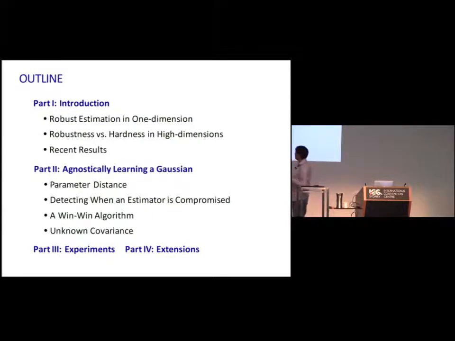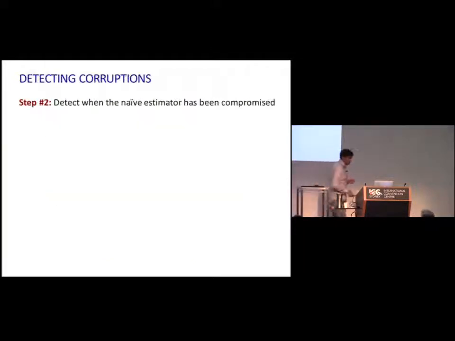This was all just a prelude to the main technical part in the recipe, which is detecting when a naive estimator has been compromised. Remember, in the beginning of the talk I told you about one-dimensional robust estimation, where we were given samples from an unknown Gaussian where an adversary corrupted an epsilon fraction, but the empirical mean and the empirical variance didn't work.